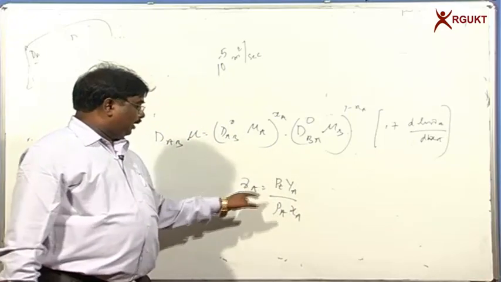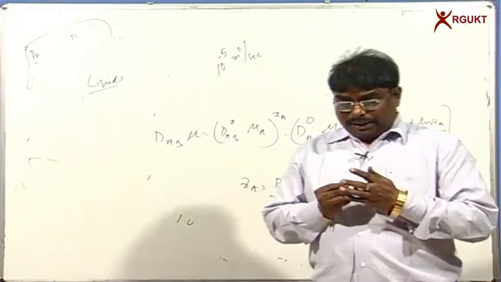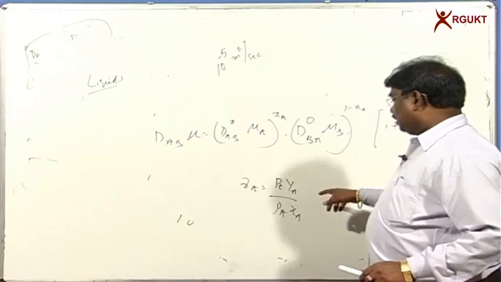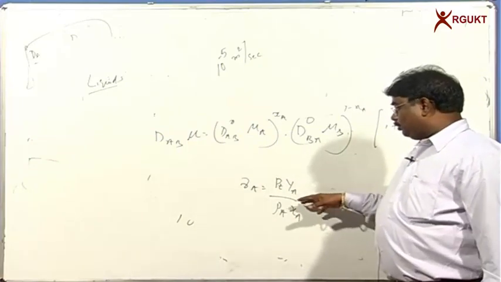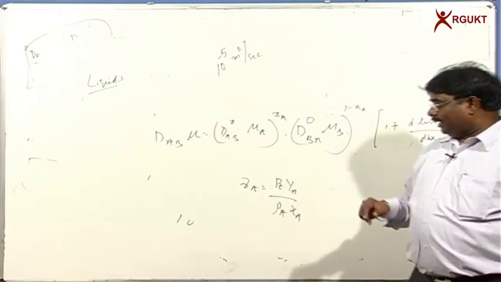So once you know that, we are going to get the activity coefficient, and this activity coefficient is an indication of how much non-ideality we have between the two solvents or two components. So your thermodynamics is going to give the information on how to calculate gamma A.